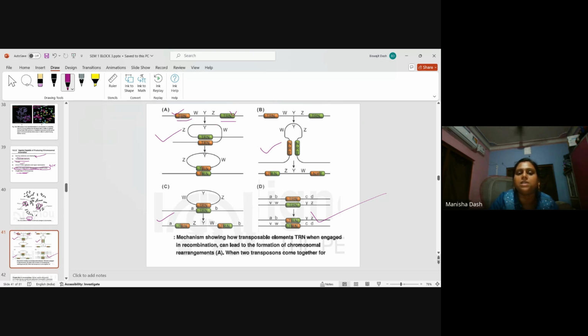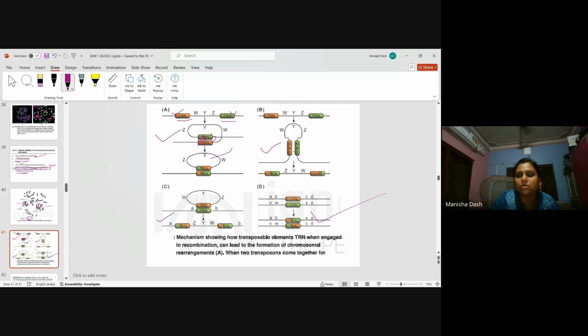Since these transposons are homologous in nature, they can come side by side like this, and they can undergo a crossing over process. Crossing over means part of this will be shifted to here, and part of this will be shifted to here. There will be physical exchange. After the crossing over is complete, this is now the chromosome where the WYZ has been deleted. So this can induce deletion.